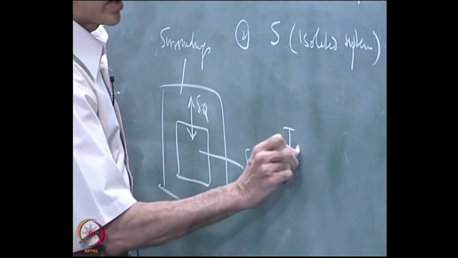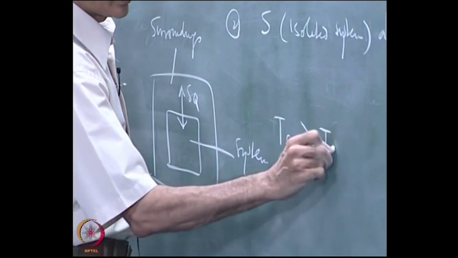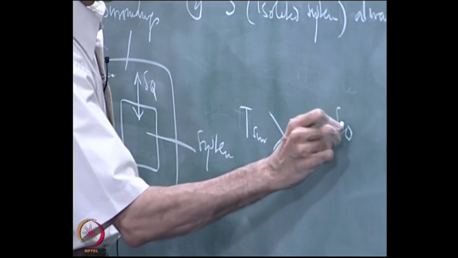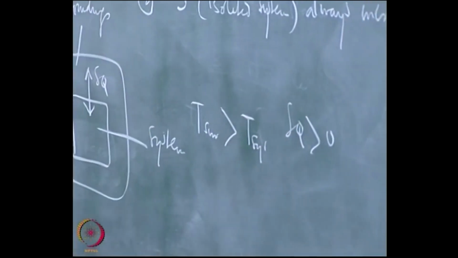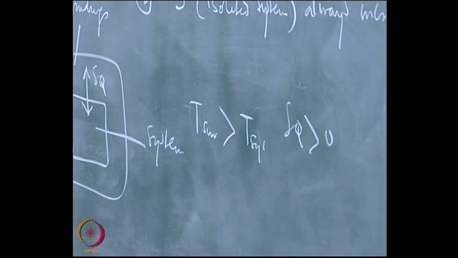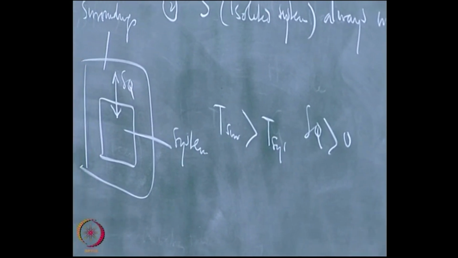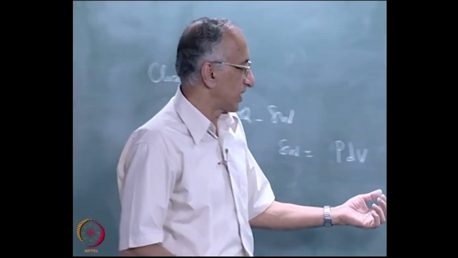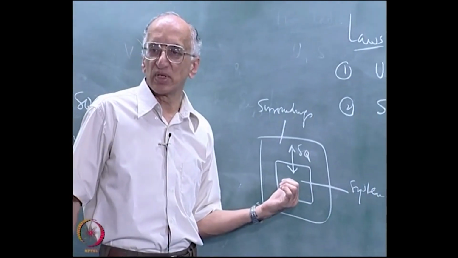So let me say T surroundings greater than T system, then delta Q is greater than 0. Everything, all the signs refer to the system of interest, not to the surroundings. So when I say delta Q greater than 0, that means the system absorbs heat.